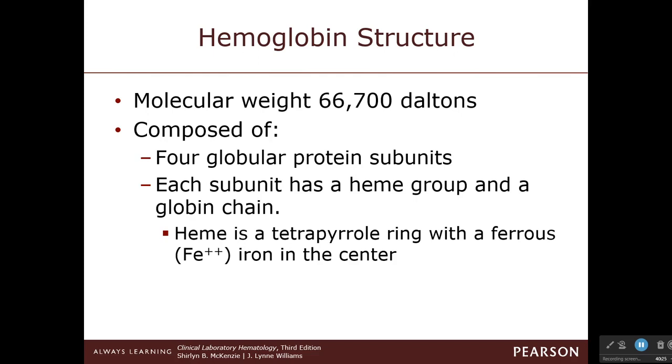We refer to it as A1 because there's actually a different form called A2. Sometimes you may just see it as hemoglobin A, but there is a hemoglobin A1. This should make up about 97% of the hemoglobin inside a red cell.